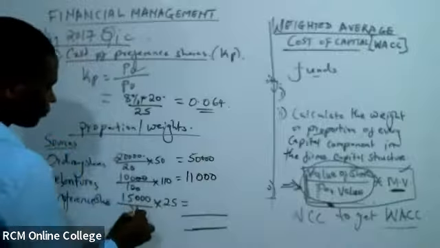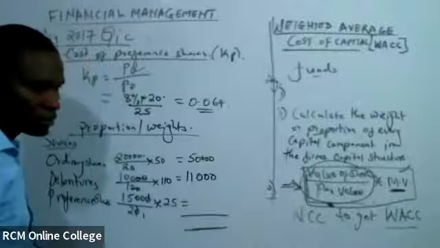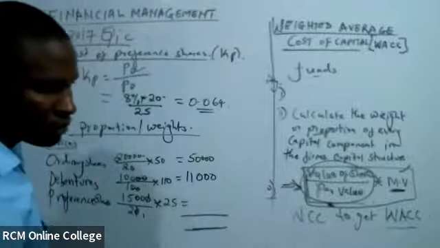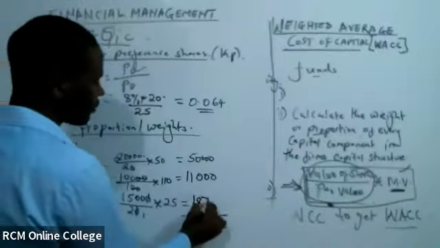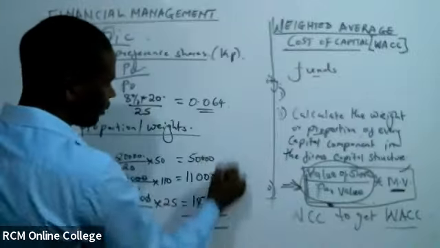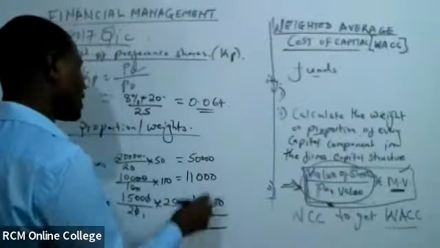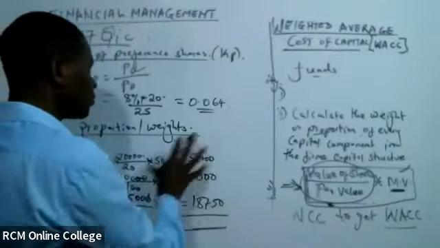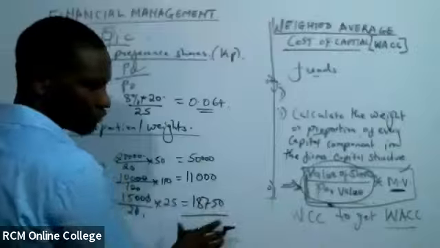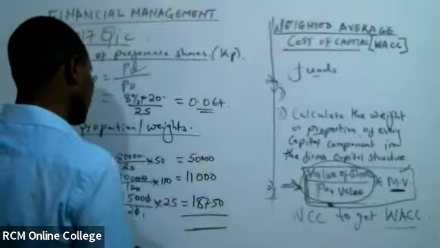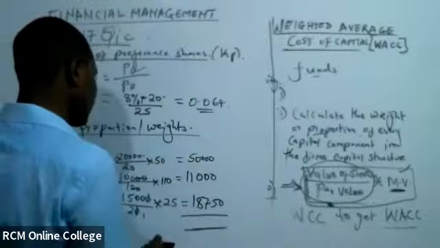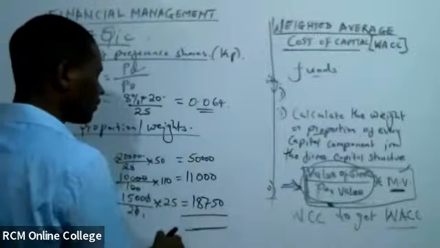Na hii nayo ya mwisho, we get 18,750. Then give me the totals. Sasa structure ya hii kampuni, it's worth this, financed by this: equity 50,000, debenture 11,000, preference share 18,750.